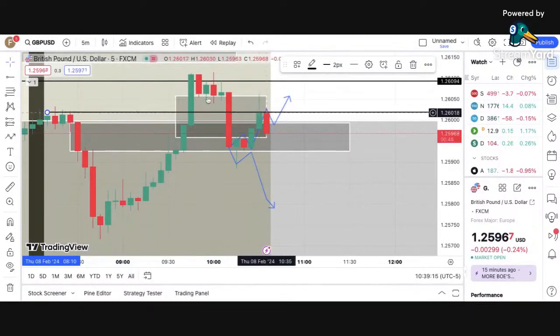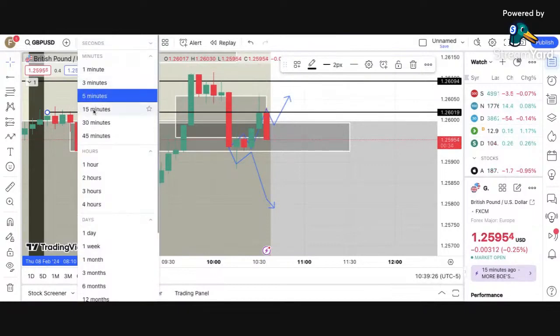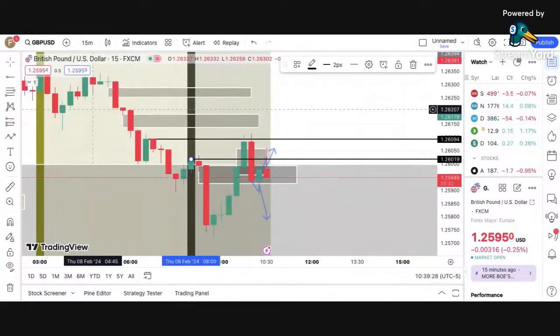So this one closed above on the 15 minute. It's still inside this gap. So what does that tell me? We haven't had a breakout yet. So I can go to the 15 minute and wait till I get an actual breakout.